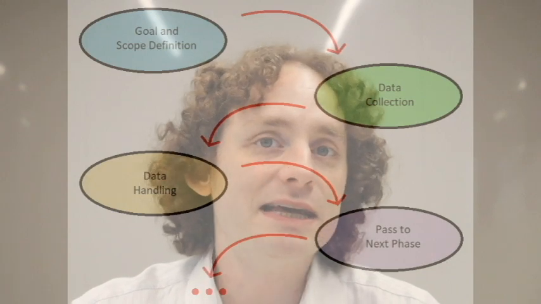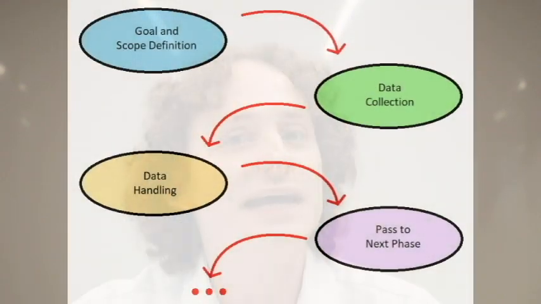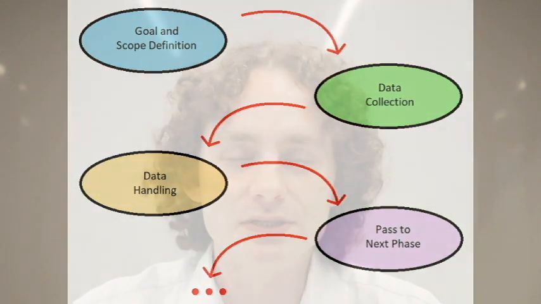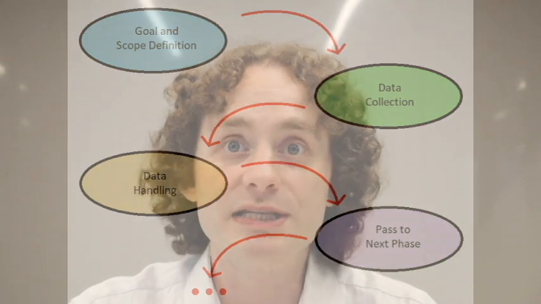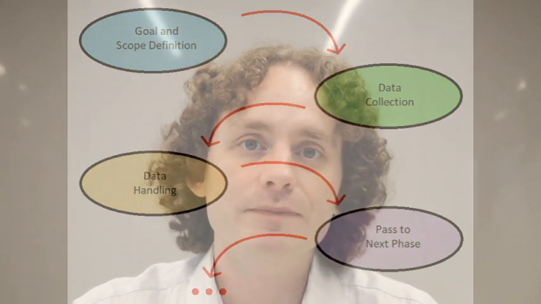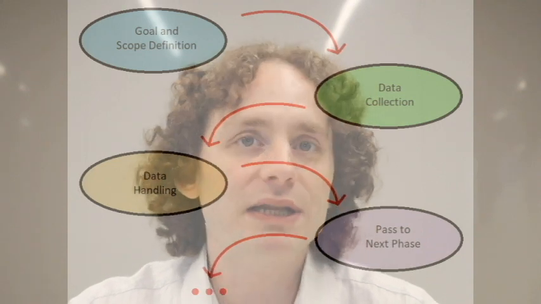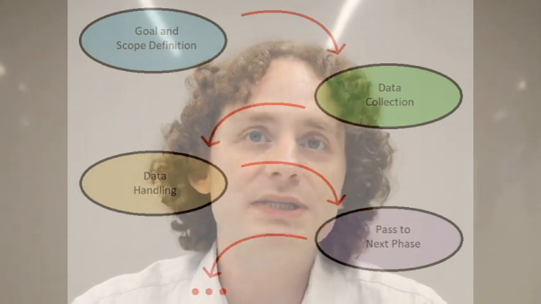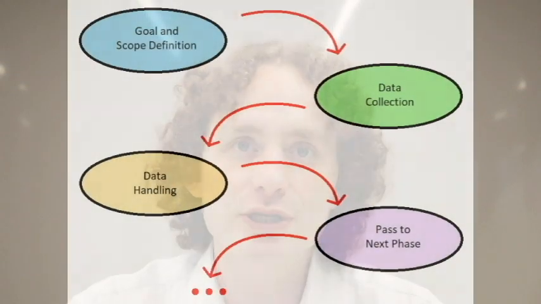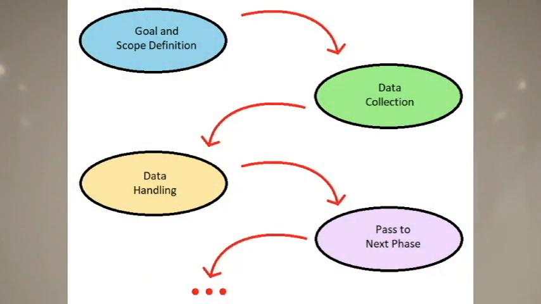The validated data then gets passed to the data handling portion of the LCI phase. This is where we spend some time relating our data results to the unit process, as well as the functional unit of the system. This process creates a representation of data as a relative flow, and we can use that model to perform aggregation on the data later if necessary.